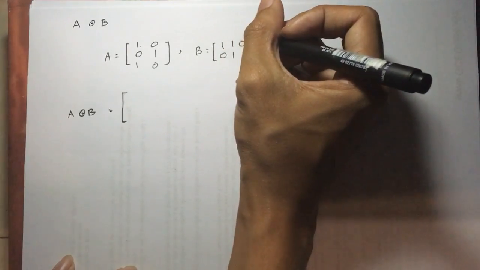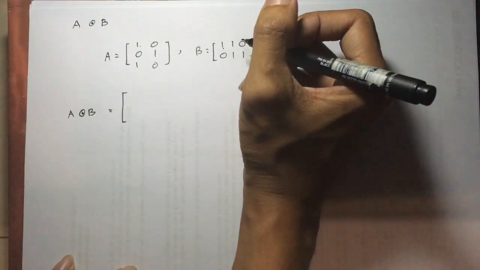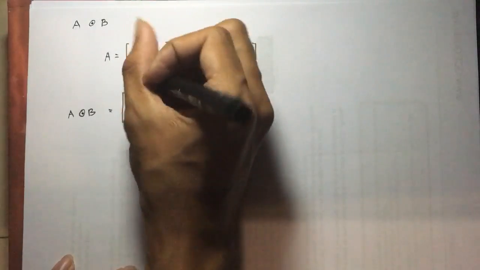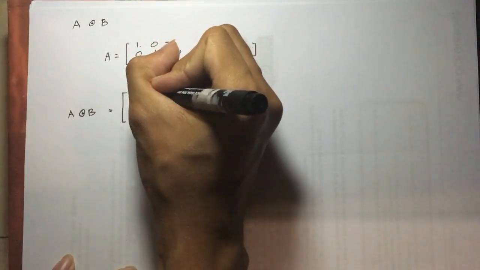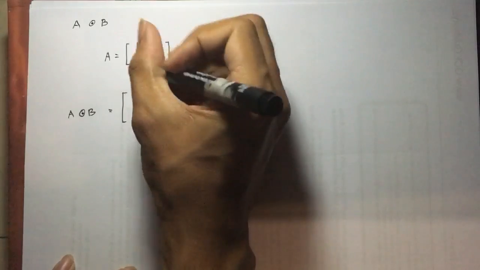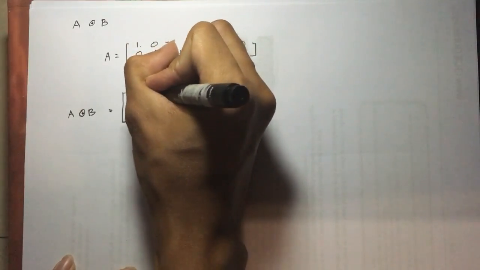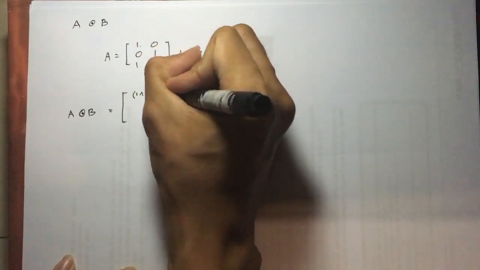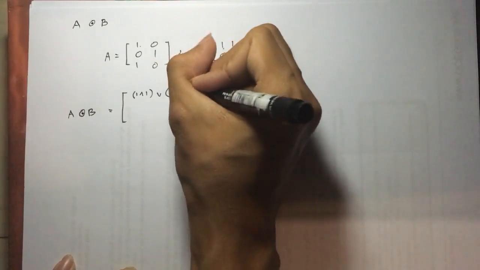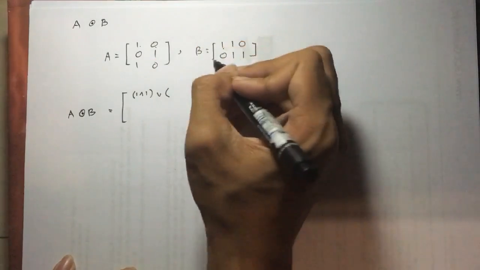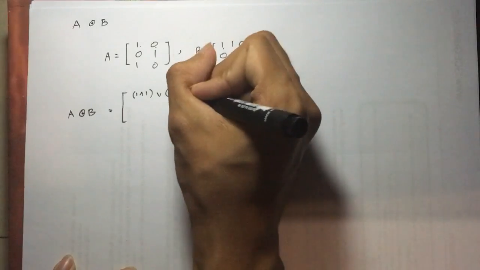It will be column multiplication by row. 1 and 1 or 0 and 0.